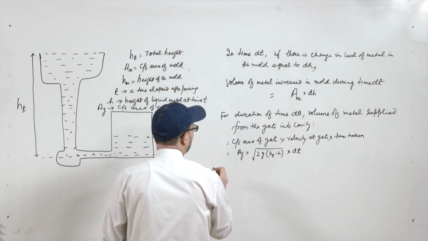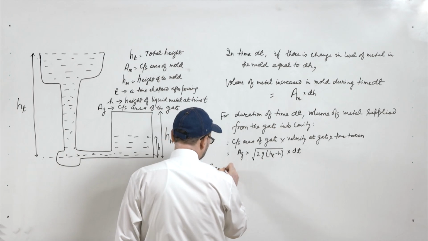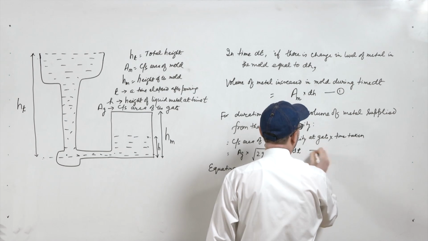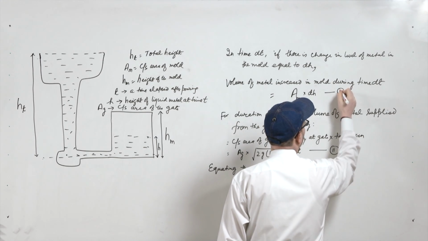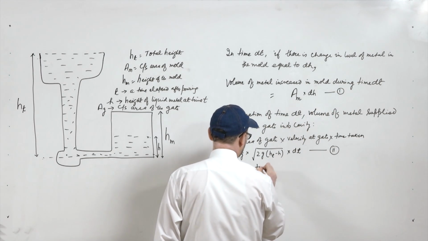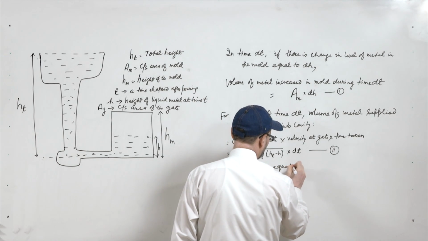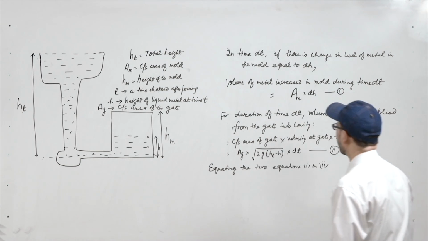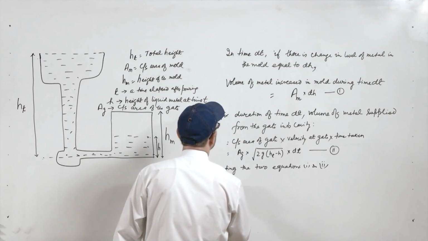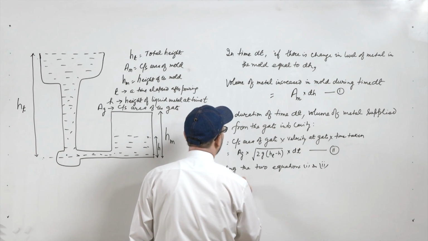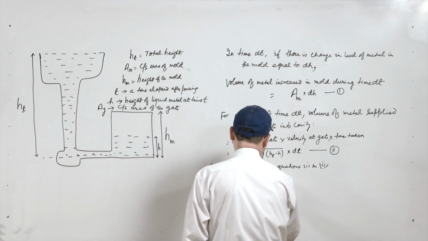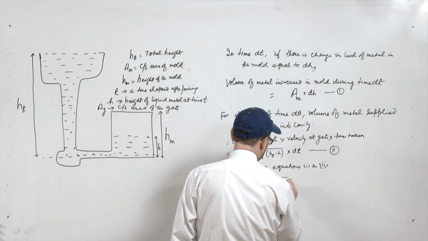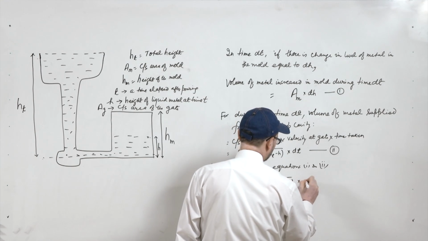So, what will happen, Am into dh, equating, if you take this as 1 and this as 2, the two equations 1 and 2, if you try to equate that, what you say is Am into dh will be Ag into root 2g (ht minus h) into dt.